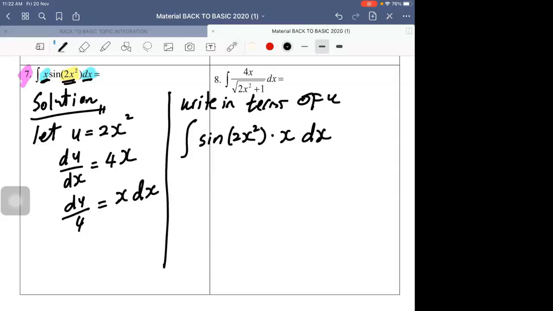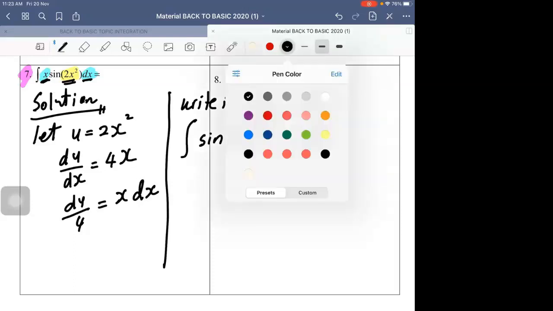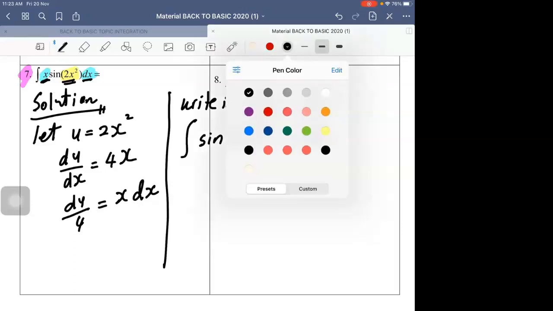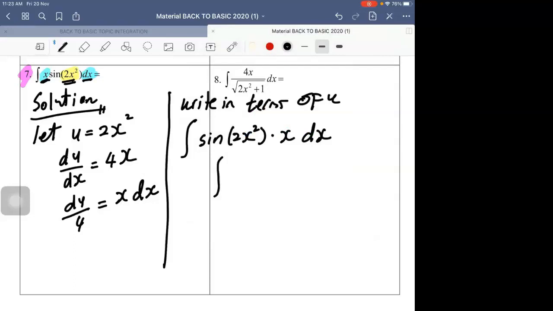So if I write in u, I should have the integral. You already decided u equal to 2x squared, so this now becomes sine u. And then x dx, what is your x dx? x dx is 1 over 4 du.